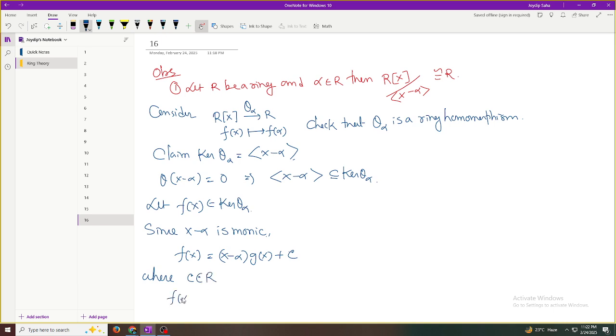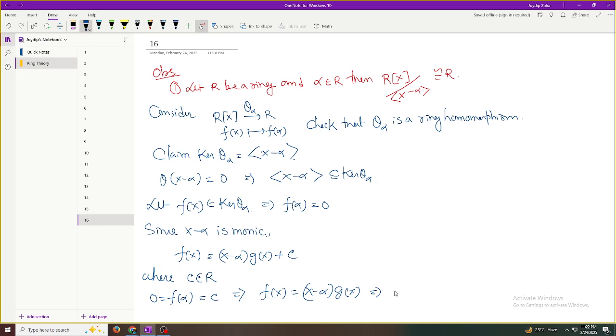So what is f(alpha)? That is 0, equals c. This implies, why is f(alpha) 0? Because f(x) belongs to the kernel. That means f(x) equals x minus alpha times g(x).